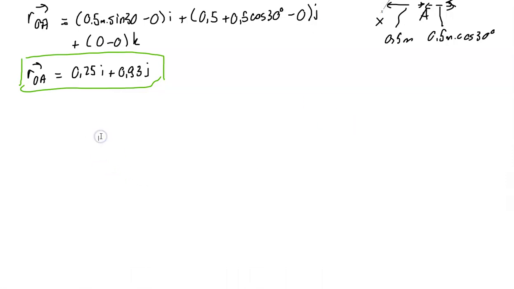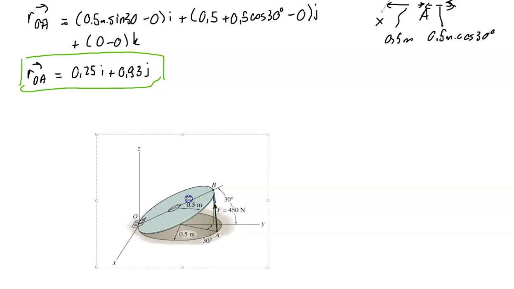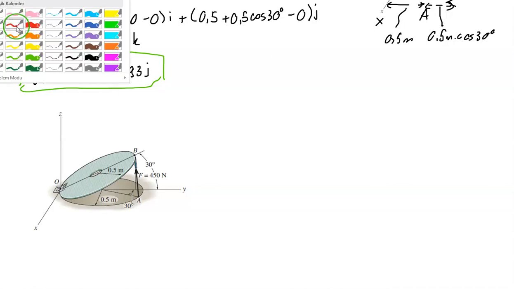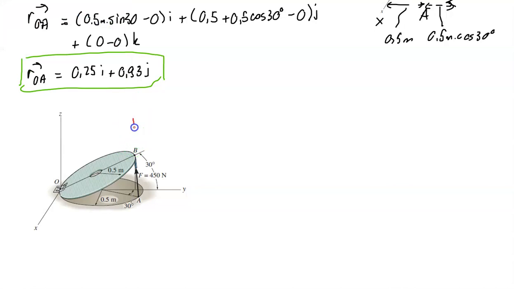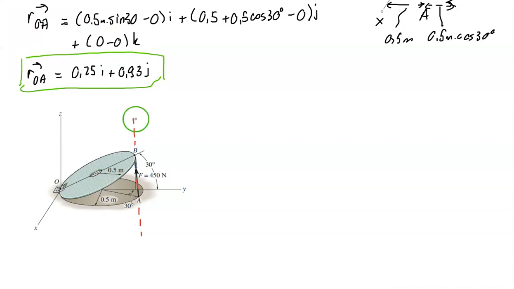So let's paste the drawing again. Let's emphasize the line of action of my force vector. So that's my force vector's line of action. I need to write here a unit vector along this line, so I need a UAB unit vector.